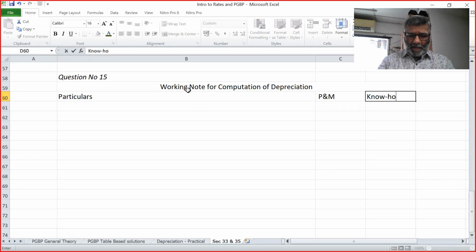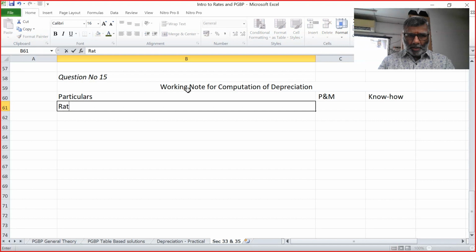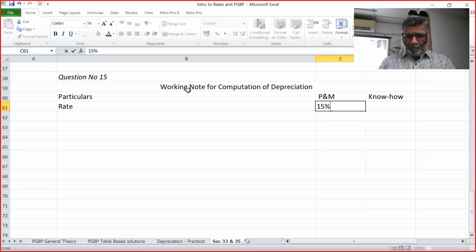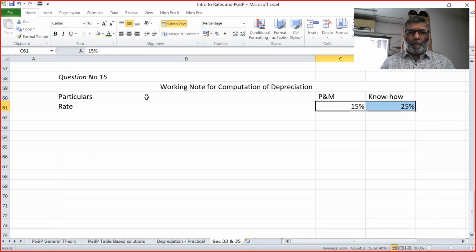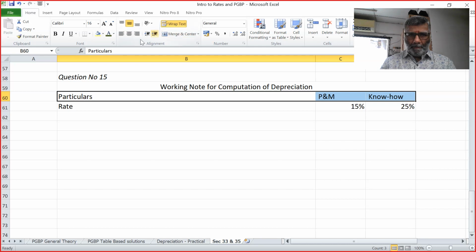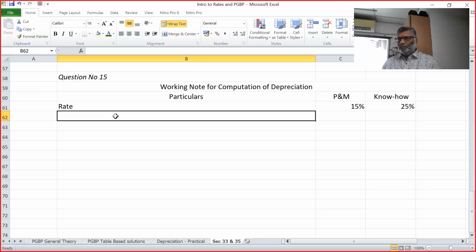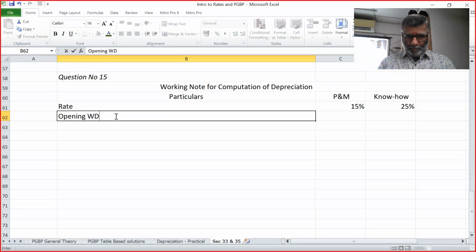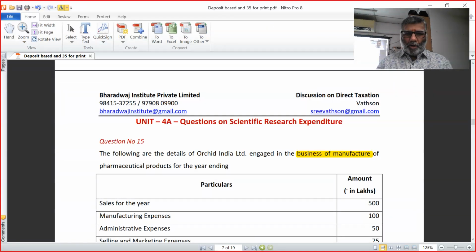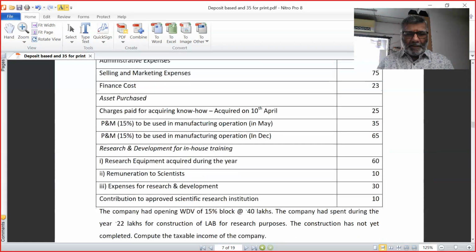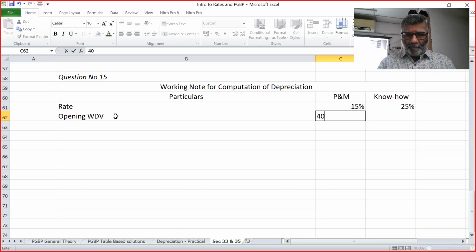That is the intangible. The rate is 15% here, 25% here. Opening WDV, I think 40 lakhs. I'll do it in absolute values.